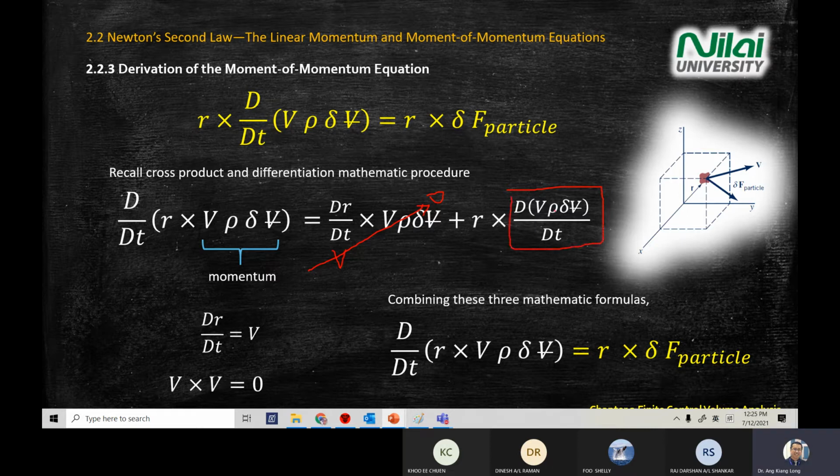If you look at rho times density times volume, what do you get? Mass. Mass times velocity divided by time, what do you get? You get force. F equals ma. What is acceleration? Acceleration is velocity divided by time. So by looking at the mathematical form, this whole thing is force. That's why on the right hand side, this becomes force.